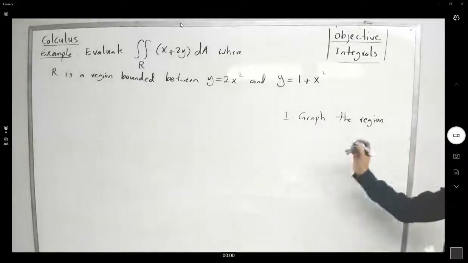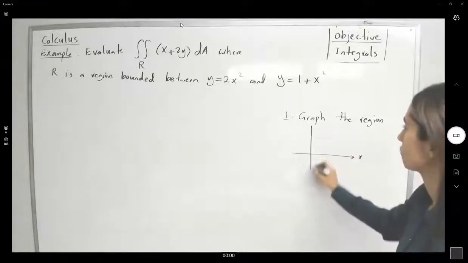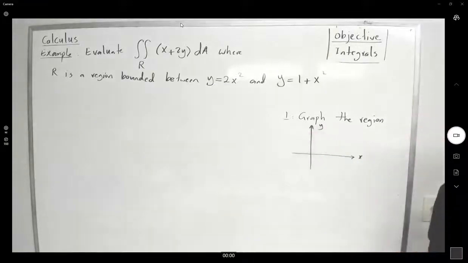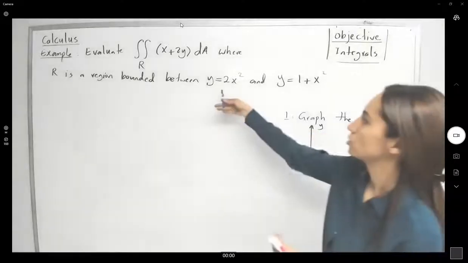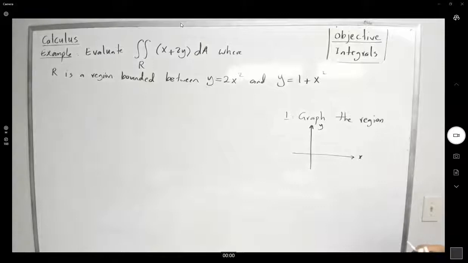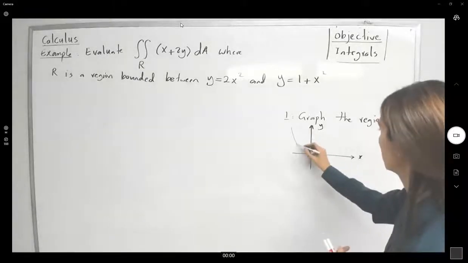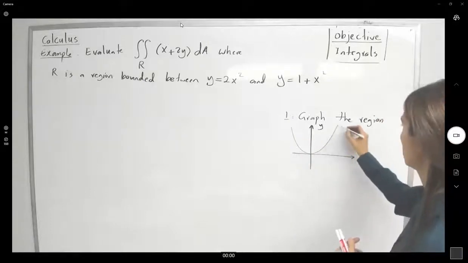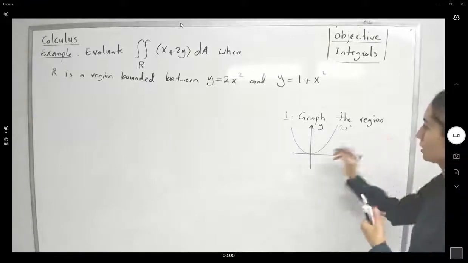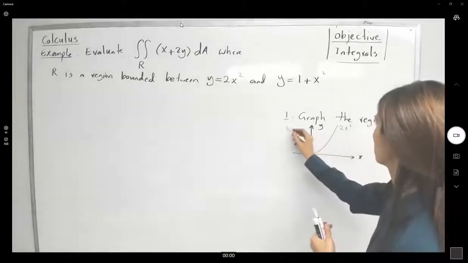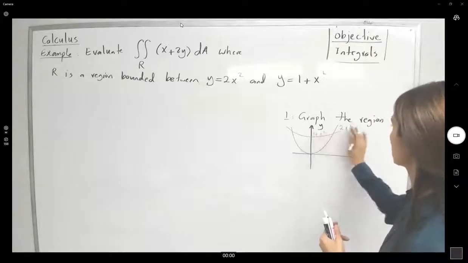So let's graph the region. The x-axis, well, y-axis, it's not very hard to graph this because both of them are quadratic functions. So 2x squared and 1 plus x squared. So suppose this guy is like this, 1 plus x squared.